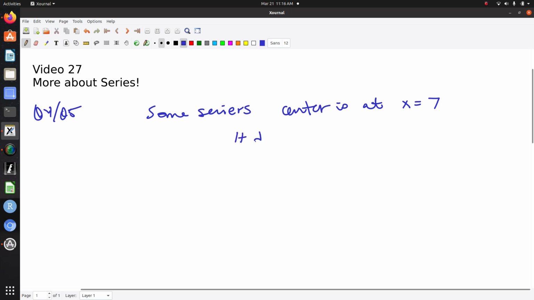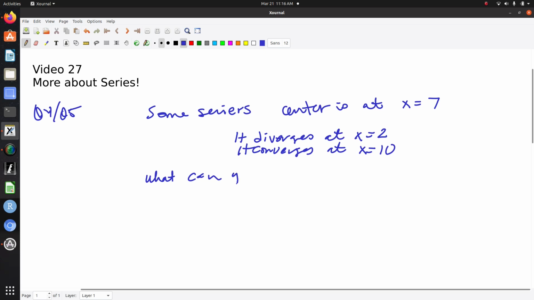But let's say we tell you the series converges at x equals 10. We can give you both or either. And then what can you conclude?